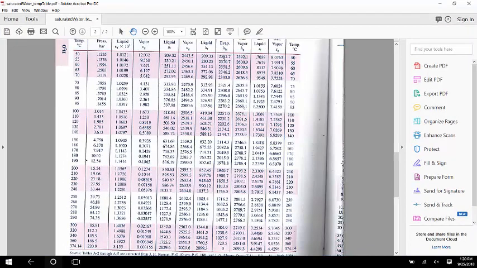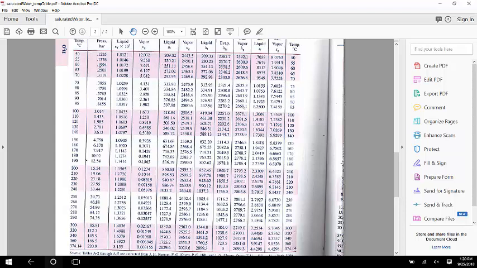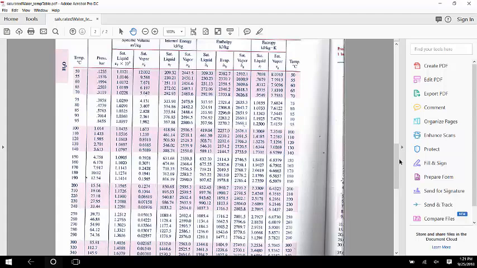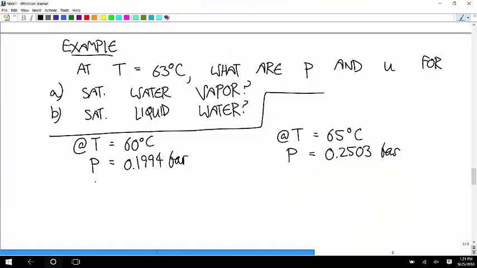While we have the table out, let's also get the specific internal energy values. So at 60, which one are we doing first, vapor or liquid? Okay, the specific internal energy for vapor at 60 is 2456.6 kilojoules per kilogram.